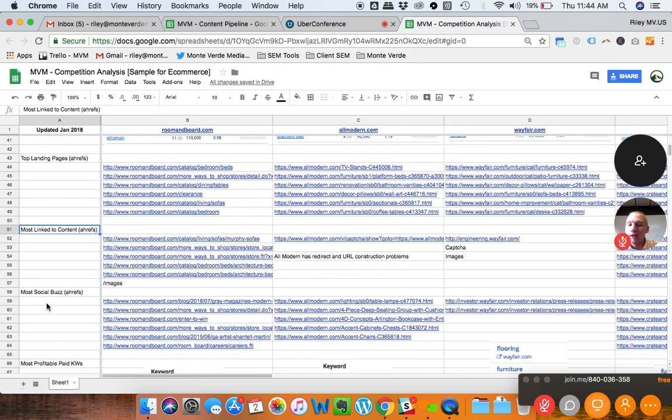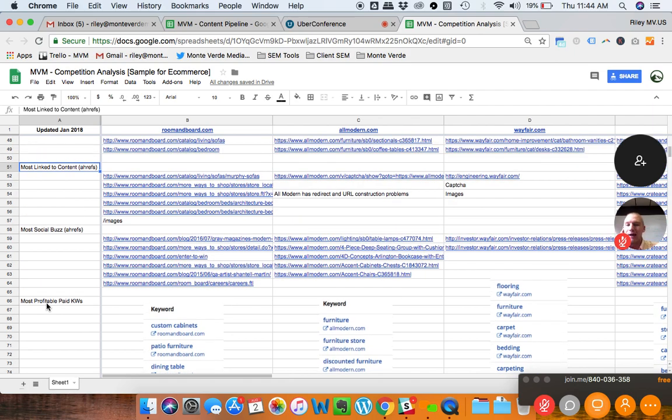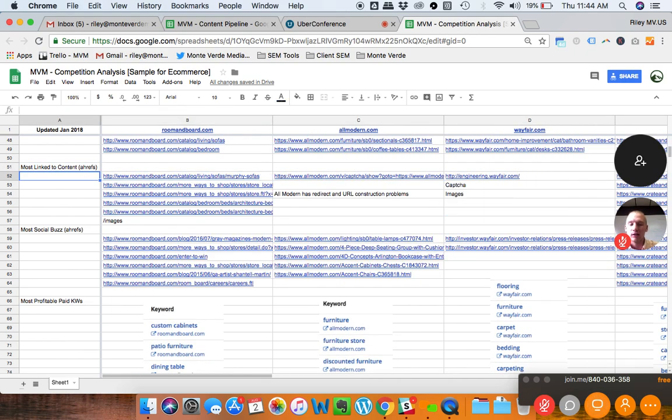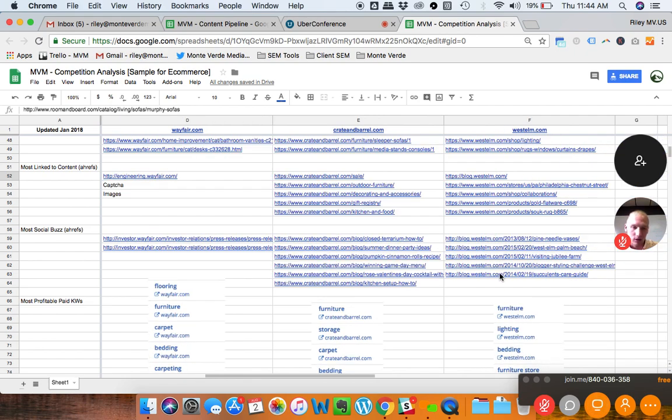Most linked content. We talked about backlinks and the importance of them on search. This is going to show us what content is already successful in the niche, what content is already driving links and shares in the niche. So we'll actually use these two sections, most linked content and most shared content, to construct the content pipelines.